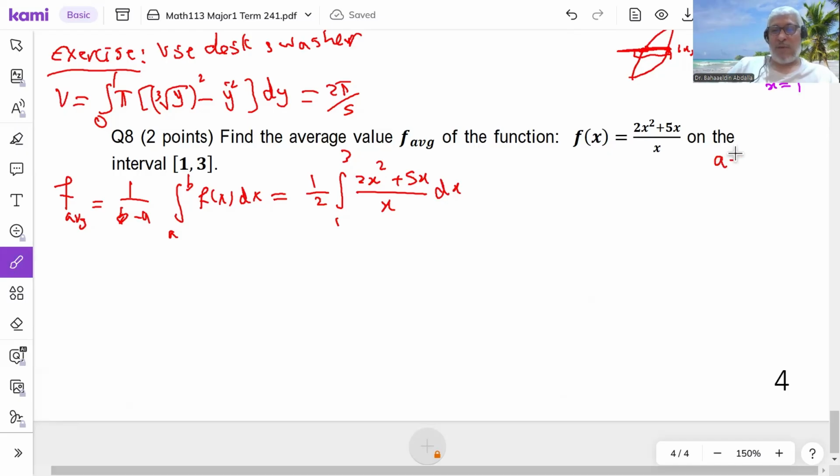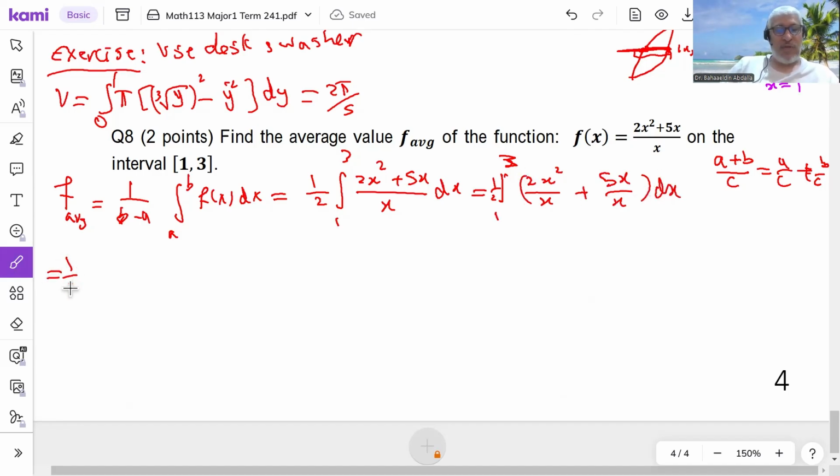I know that (a plus b) over c equals a over c plus b over c. So I just can write this as a half integral from 1 to 3, 2x squared over x plus 5x over x dx. And then it would be a half times the integral.